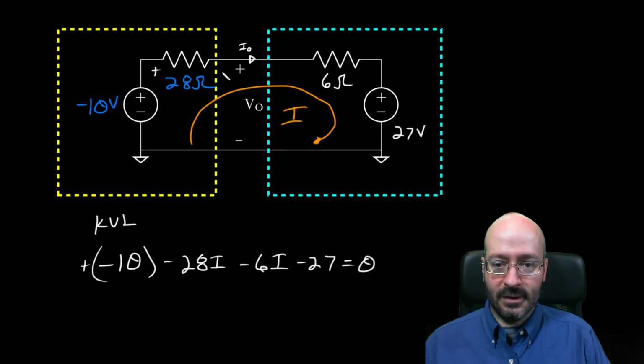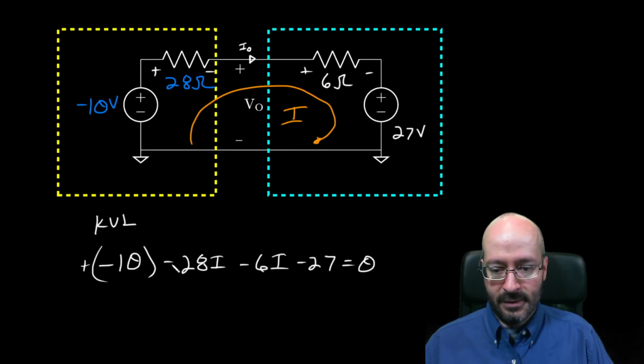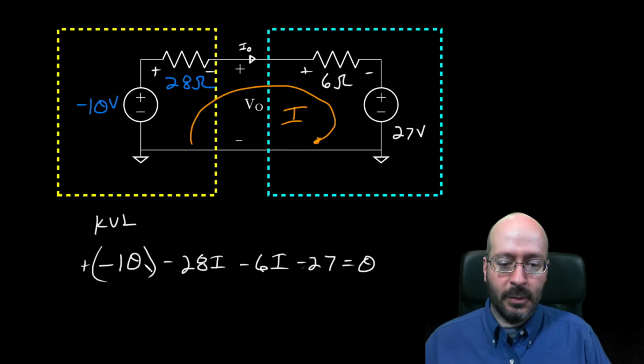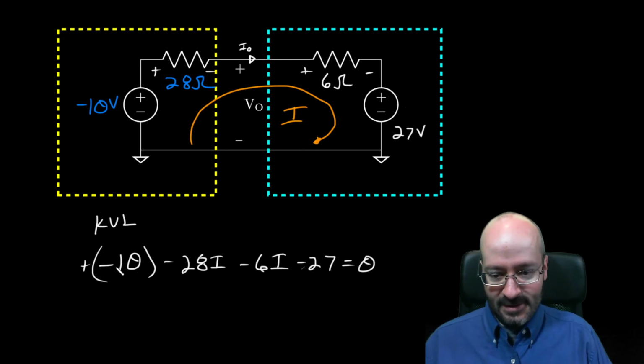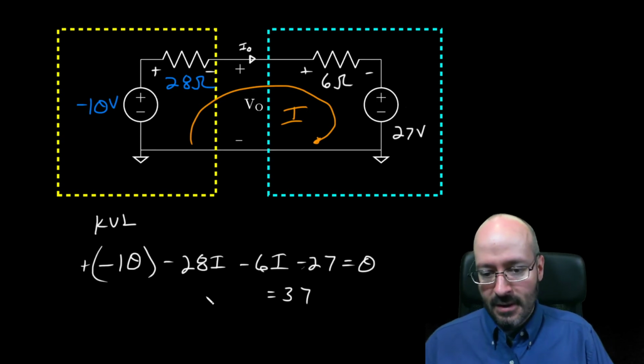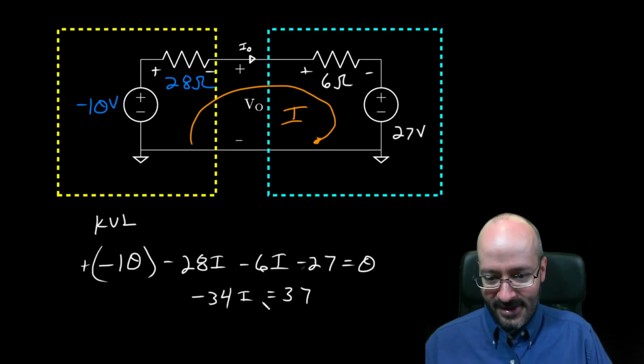Okay, that was using the passive sign convention with those polarities. I go up, I go down, I go down, I go down, right? So up, down, down, down, and then we plug in whatever values we need to. Solving this for I, this becomes negative 37, but if I move it over, it becomes positive 37. And then leaving these right where they are, I get negative 34I.